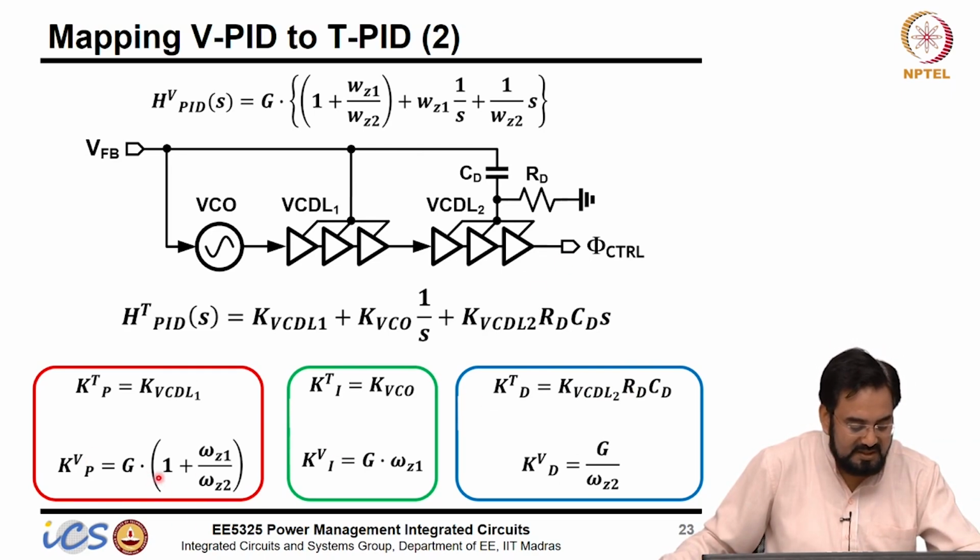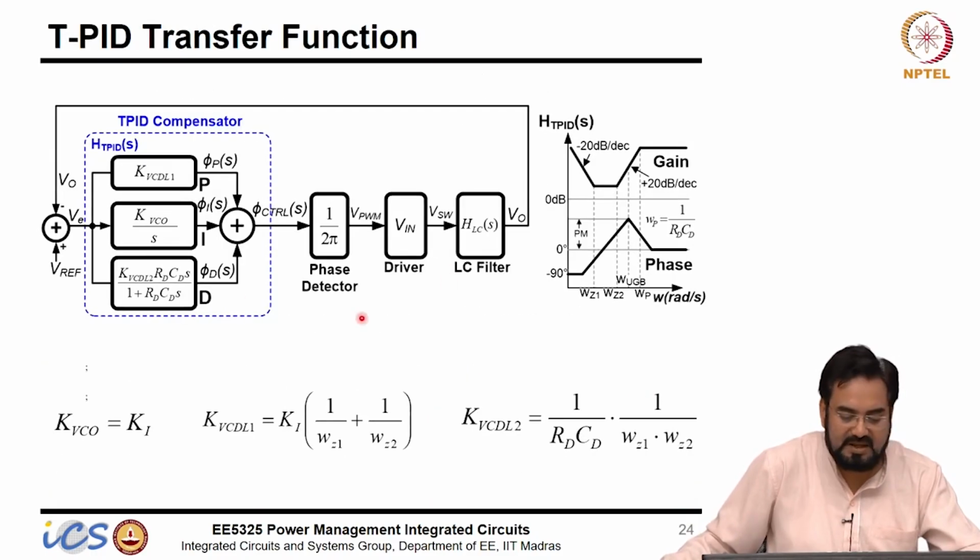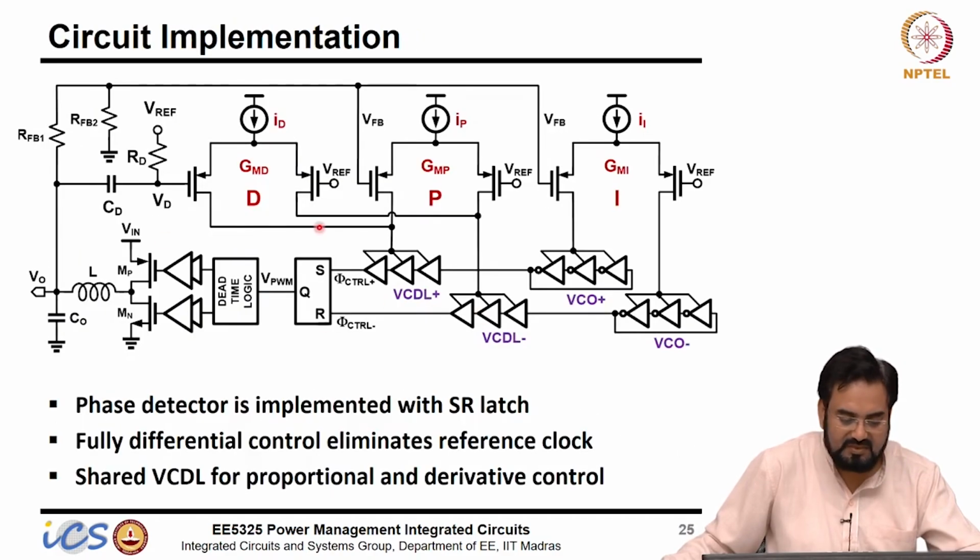And in the voltage domain, in terms of zeros, this is this, and if we equate them, we know omega Z1, omega Z2, we can calculate KVCDL, KVCO and RDCD. Everything we can calculate and map to that, and model in the frequency domain and design the whole thing.